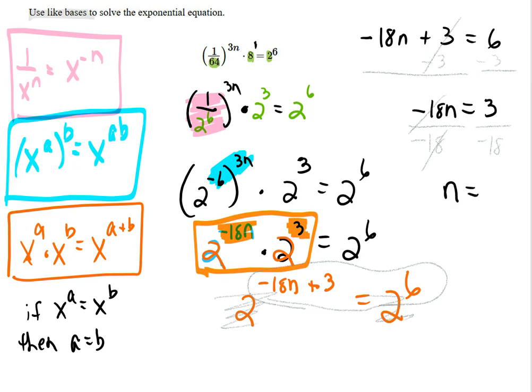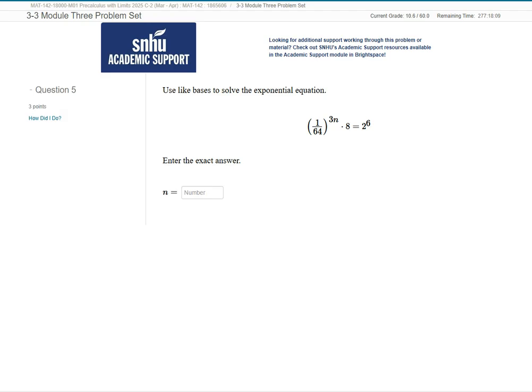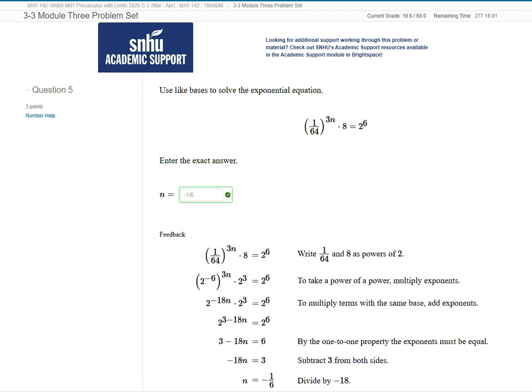And it did say an exact answer, so I'm going to reduce this down. It's a positive 3 divided by a negative 18, so it is a negative, but 3/18 would just reduce down to 1/6. So negative 1/6 is my answer. Type an exact answer, so negative 1/6. There you go.